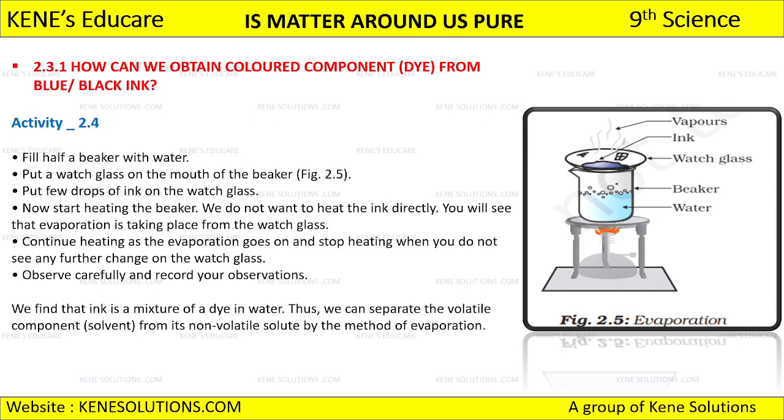So we started this in the last class, where we studied how we can obtain the colored component from black or blue ink. Now black and blue ink are very common, which we use every day, right? So how can we obtain the colored components which are present in them?